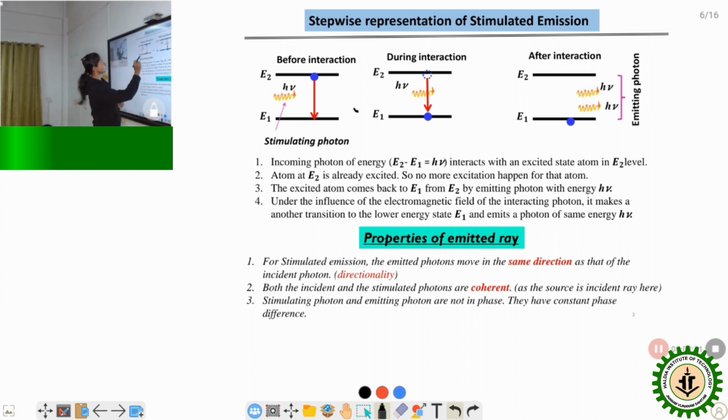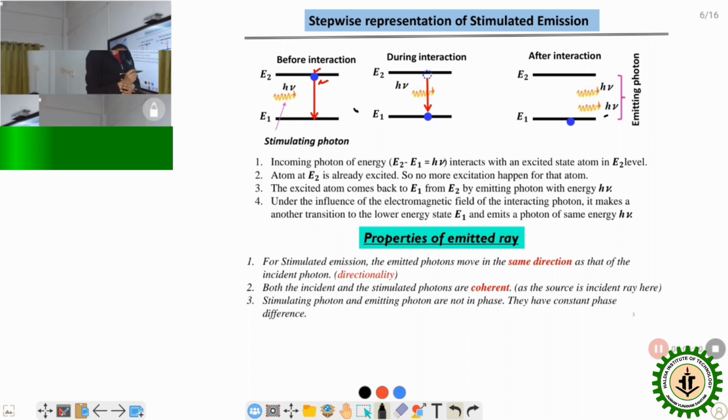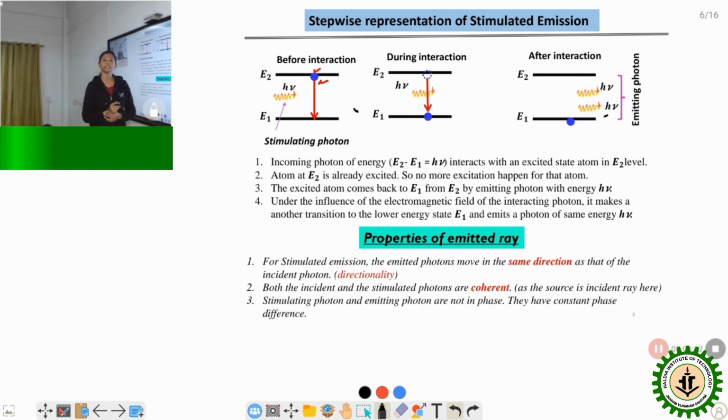Here in the schematic, this is the excited state atom, and radiation of the same energy is coming and interacting with it. After this interaction, there will be two photons with the same energy. This is called stimulated emission.